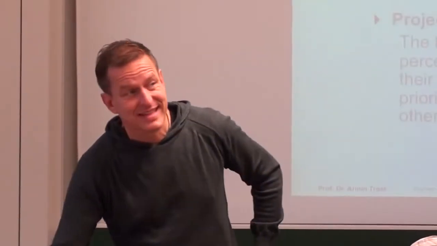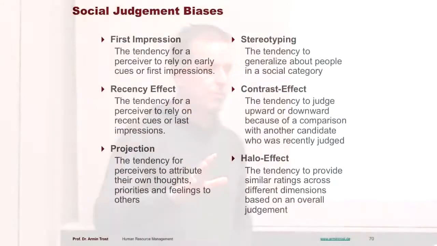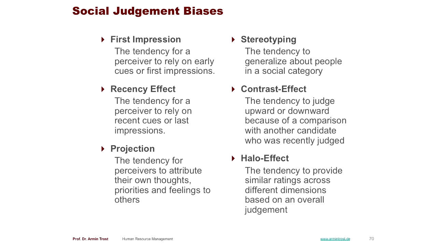So let's have a look at some biases. This is really important. When a human being makes a judgment about another human being, some typical biases occur, biases that lead maybe to wrong judgments.